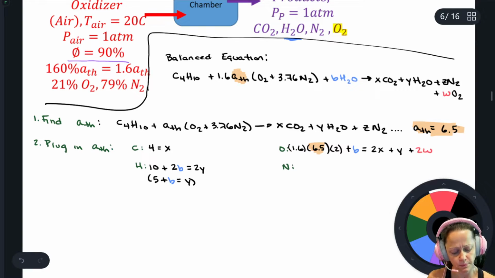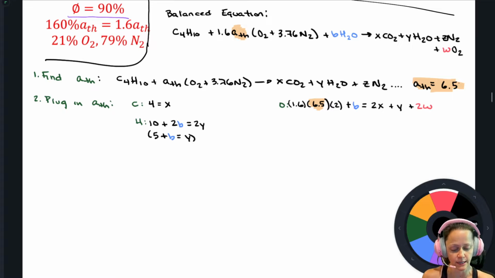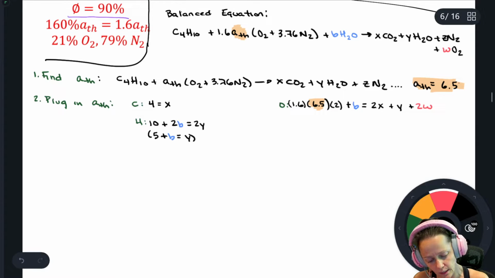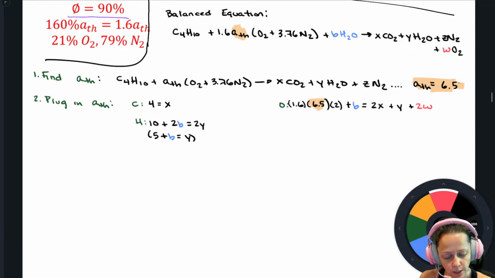All right. And before I bring that nitrogen down in a hot second, since I've got an X, which I know, he's 4, so that's fine. Let's go ahead and put that 5 plus B is equal to Y and see what we get.